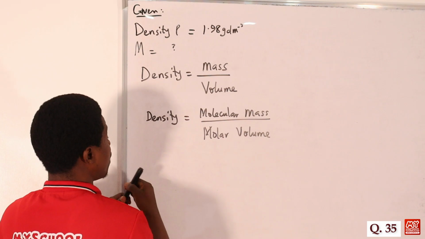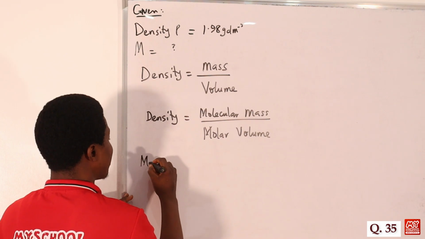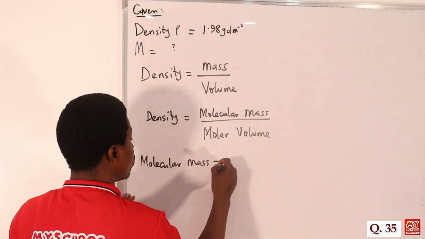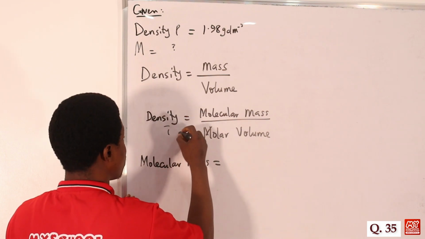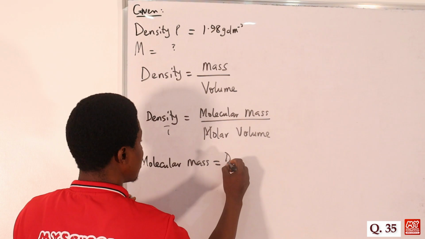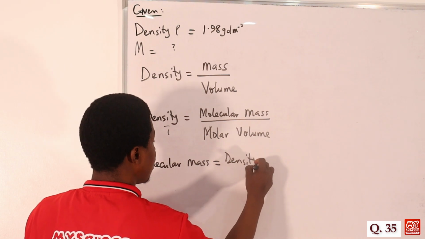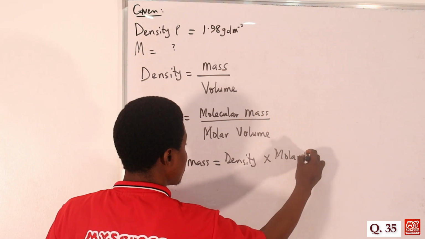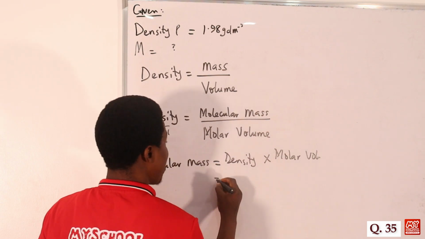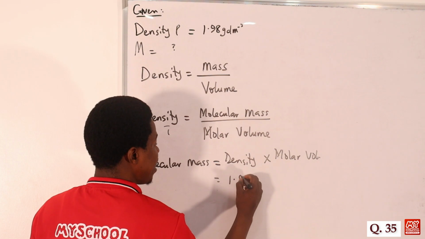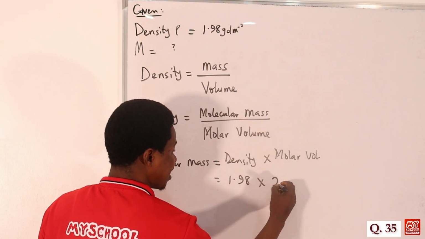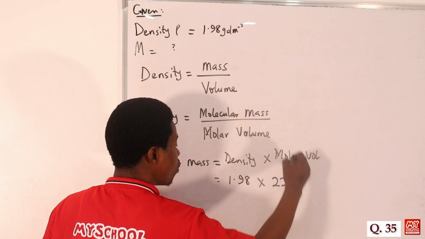So if you make molecular mass the subject of the relation, molecular mass is equal to density multiplied by molar volume. Density was given to be 1.98 multiplied by molar volume, which we know is a constant at 22.4 dm cube.